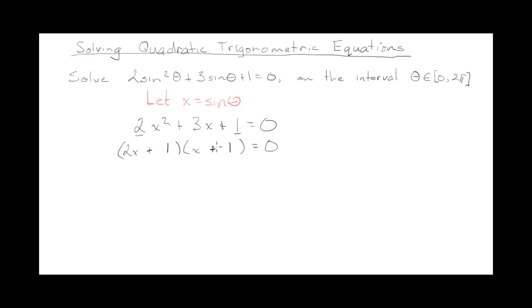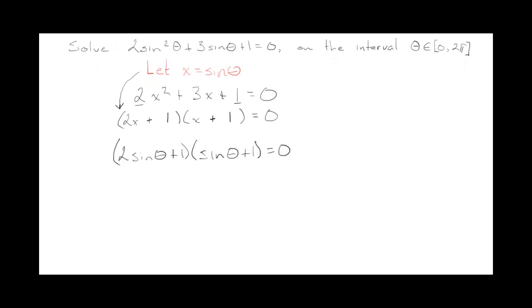Now what I could do is go back in and substitute back in for sine. So we have 2 sine theta plus 1, and then x plus 1 would be sine theta plus 1 equals 0. So now I have these two brackets multiplied to give me 0.